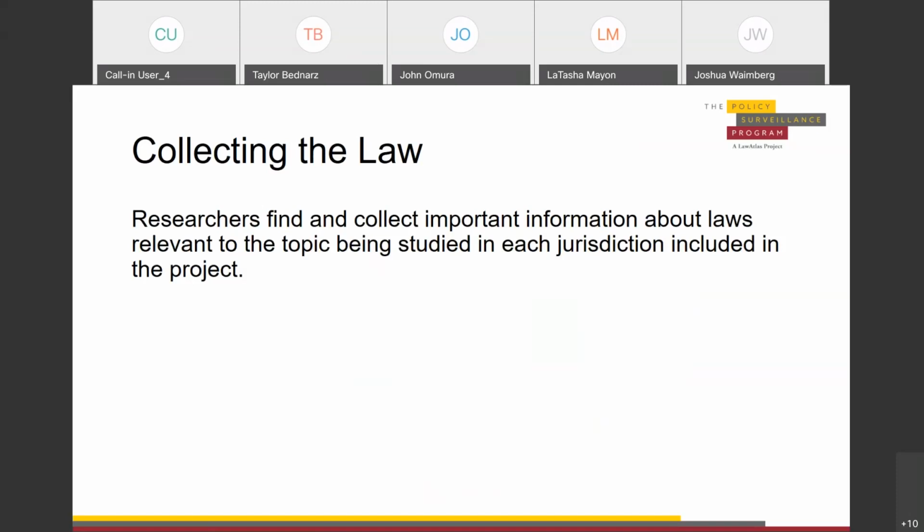But again, important information to be collected in this process. Citations: we want a reference to every specific statute or regulation that we are collecting. We want the effective dates of each of those specific statutes or regulations, or the date when the law goes into force. That is the date that is most important to us in this process.